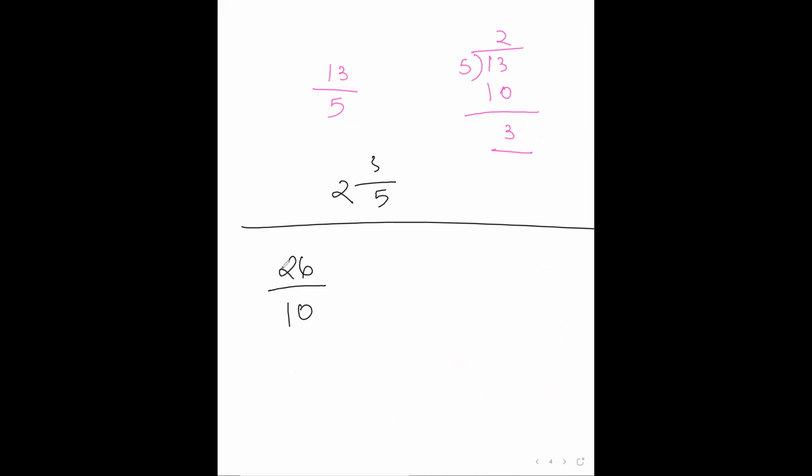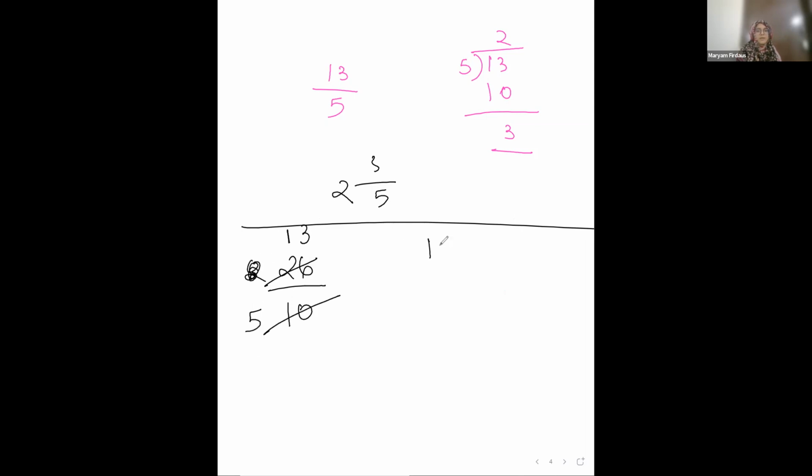So 26 divided by 2 is what? You can do it like this: 2 ones are 2, and the remainder is 0. Then 2 threes are 6, so 13. So 2 13s are 26, and 2 5s are 10, right? So it's 13 by 5.